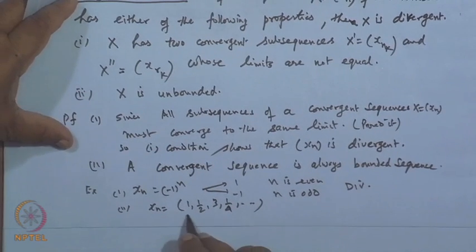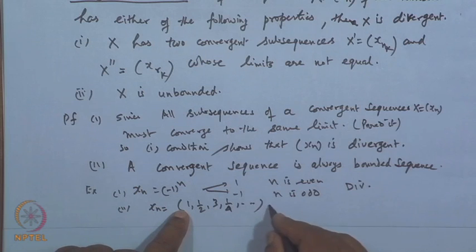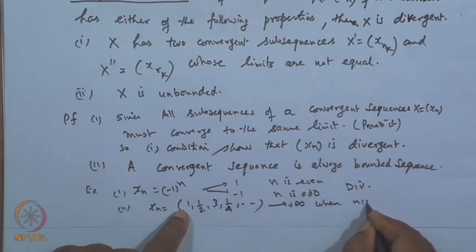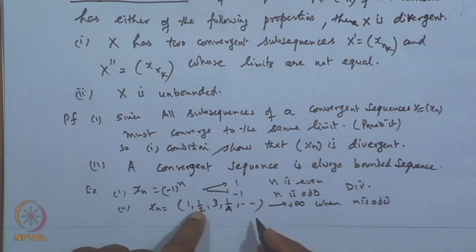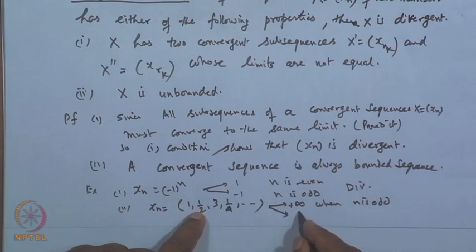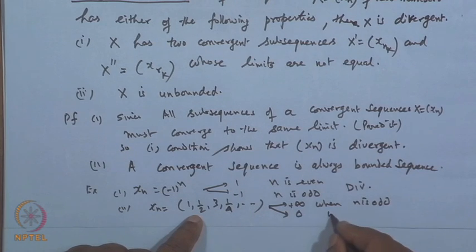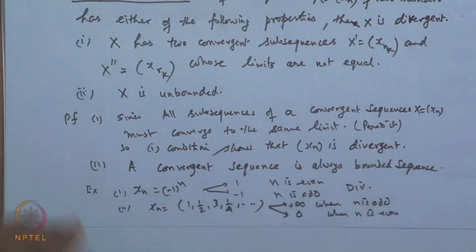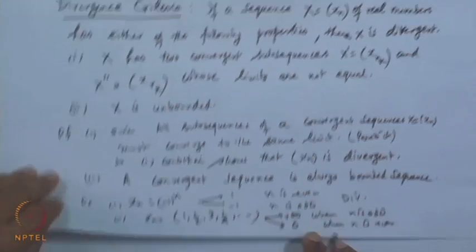When n is odd, it will go to infinity, and when n is even, it will go to 0, because half, 1 by 4, 1 by 8 and so on. So, it has two limits. Therefore, it will not be convergent; it is a diverging sequence.